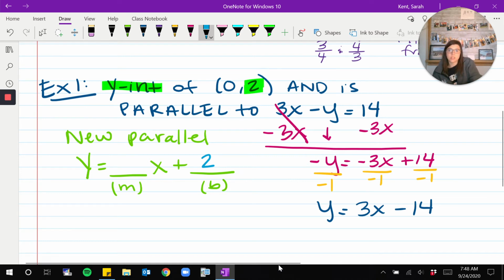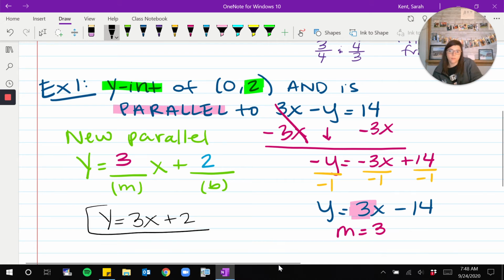Now I need the slope. If I have parallel lines, I want my slope to be the same as my original. Here my slope is 3, so in my new equation my slope will still be 3. For our final answer, we have y equals 3x plus 2. These two lines are parallel because they both have a slope of 3.